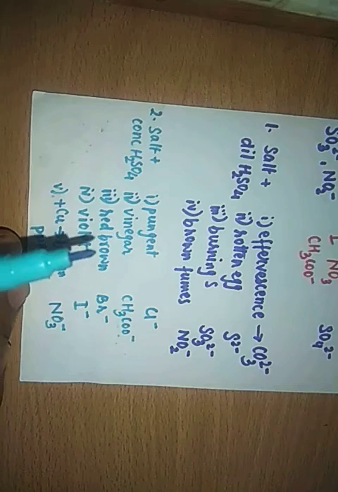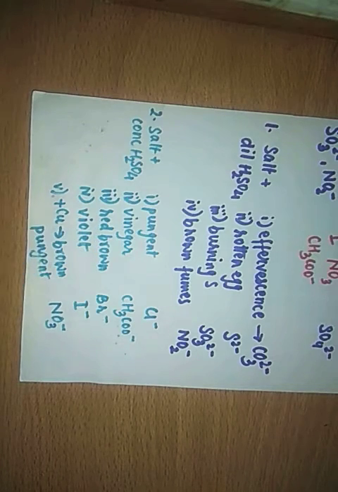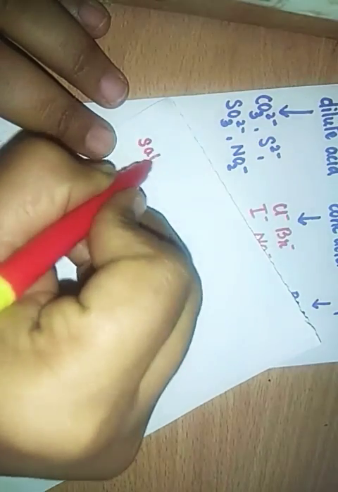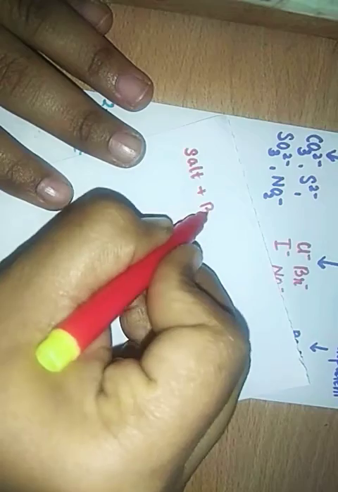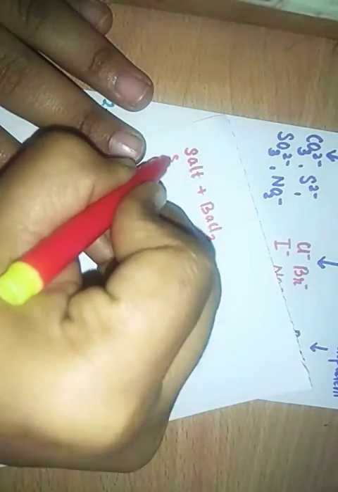So what we do is take the salt and directly do some confirmations. If we add BaCl2 to the salt solution, we will get a white precipitate. If it is there, then it confirms the presence of sulfate ion.